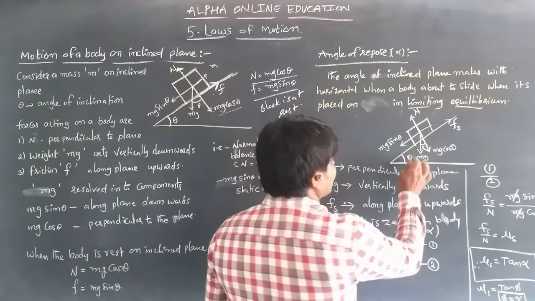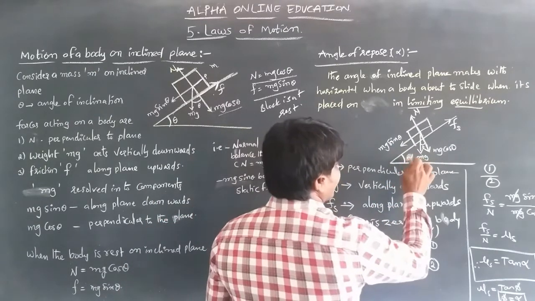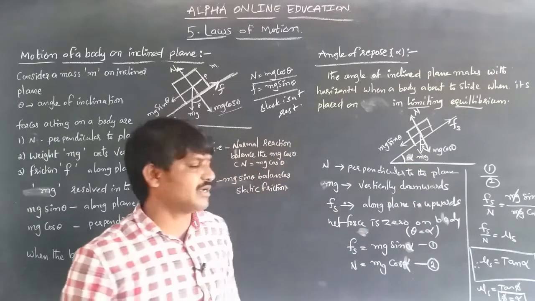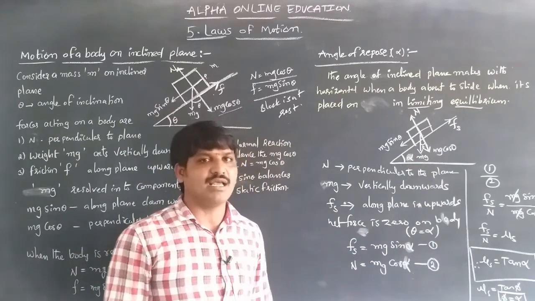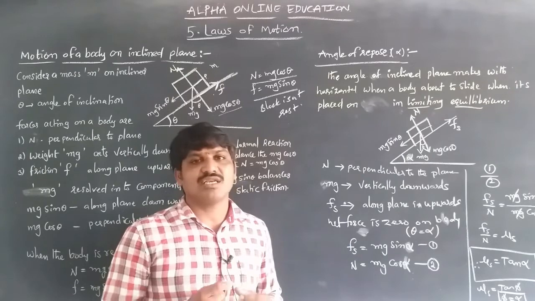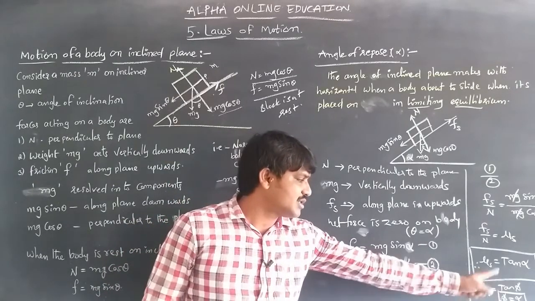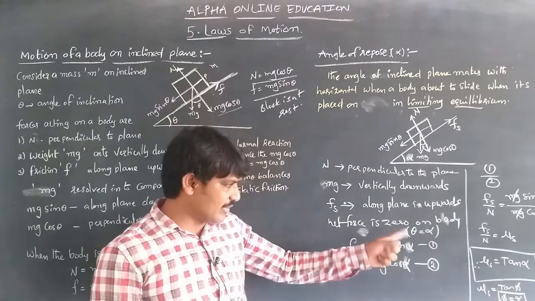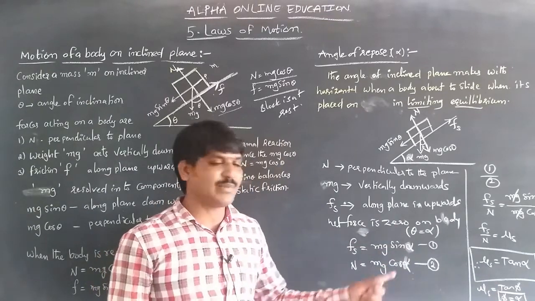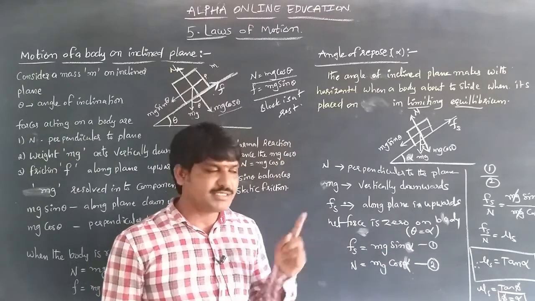So the angle of friction is equal to the angle of repose. Whenever the body is about to slide, the angle made by the inclined plane, theta equal to alpha, is the angle of repose. Since mu s is equal to tan phi from the angle of friction, comparing both equations we get phi is equal to alpha.